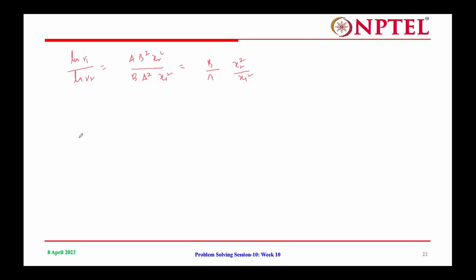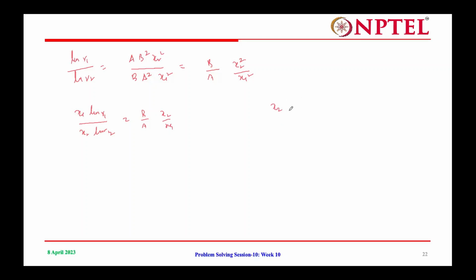Now the square root of x1 ln gamma 1 by x2 ln gamma 2 equals B by A times x2 by x1, right?